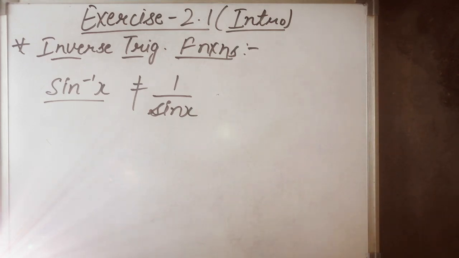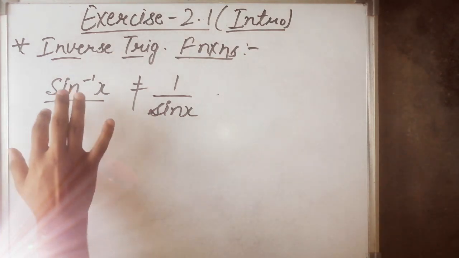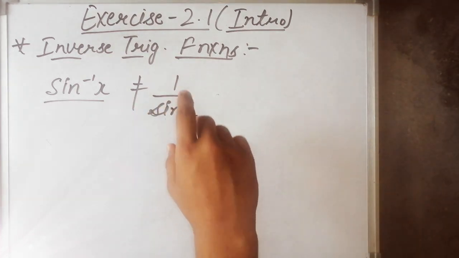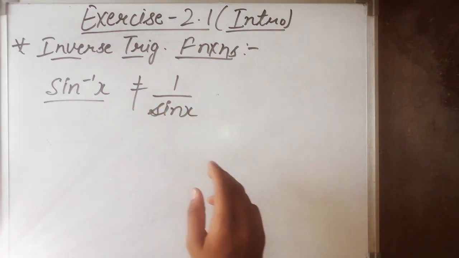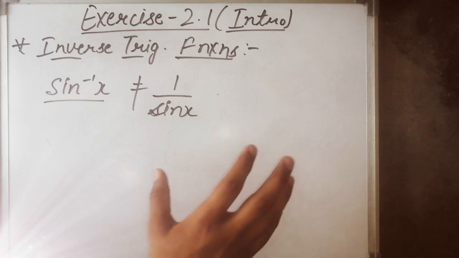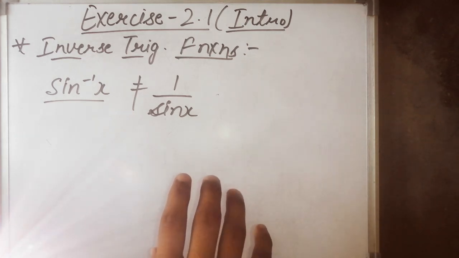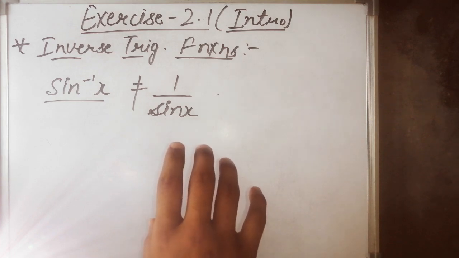Whenever no branch of an inverse trigonometric function is mentioned, we should consider the principal value branch of that function. Apart from that, the value of an inverse trigonometric function which lies in the range of the principal branch is called the principal value of that inverse trigonometric function.